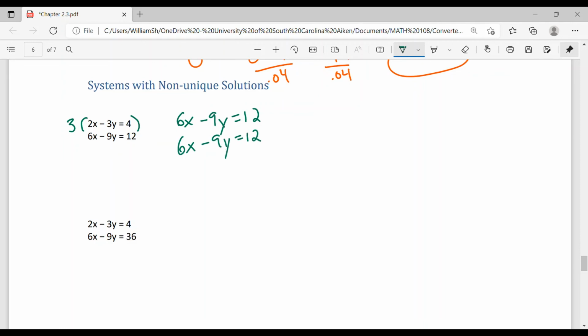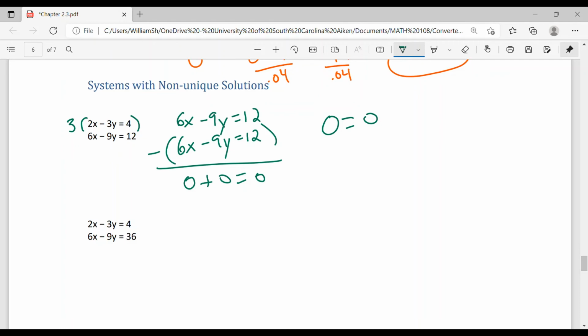And what you notice here is we have a vast similarity going on here. So if I subtract this bottom equation from this top equation, I get 0 plus 0 equals 0. And I wind up with 0 equals 0, which is a true statement. 0 always equals 0.